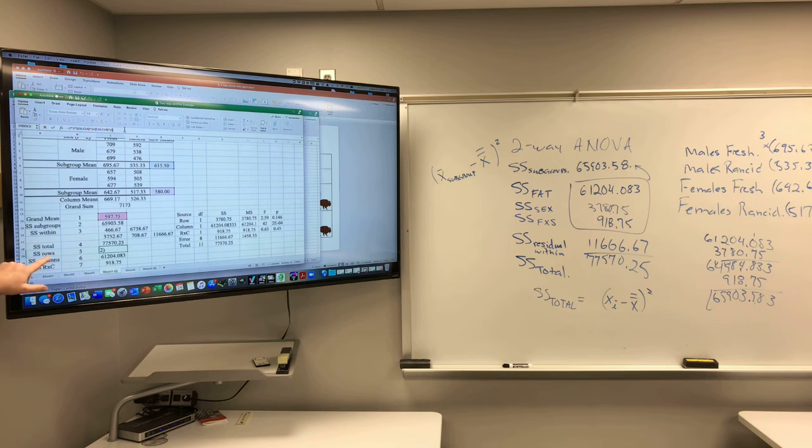And that should give you your sums of squares due to rows.